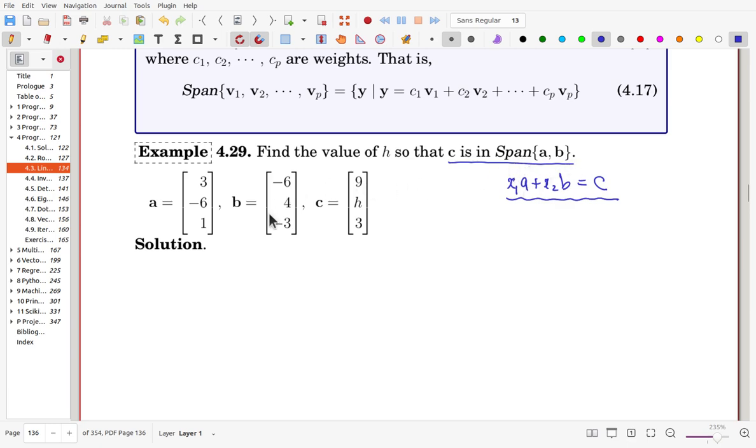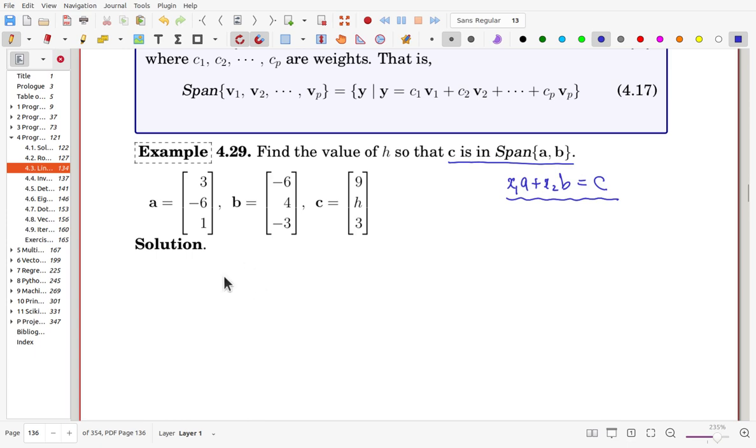So the problem is changed into the question of the existence of a solution. Once we consider these two vectors as a matrix, and c is the right side, right?